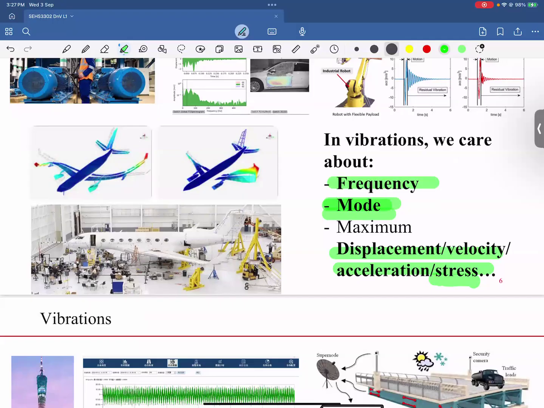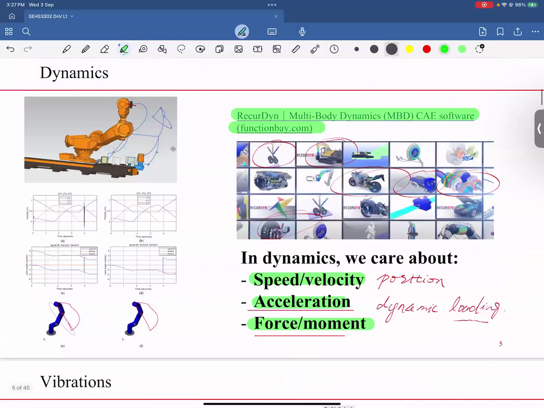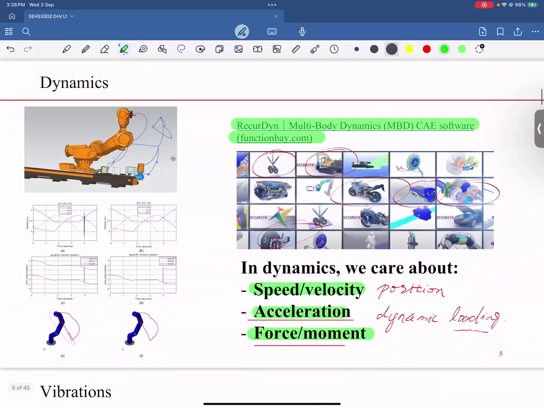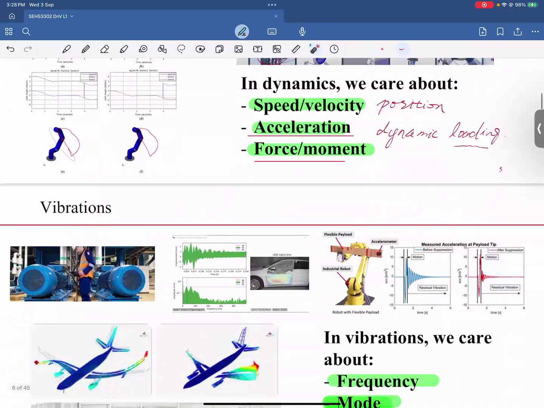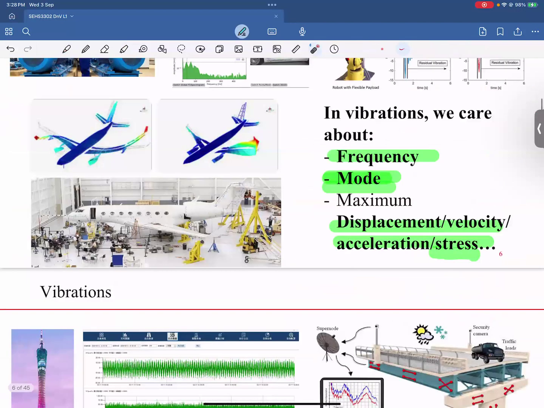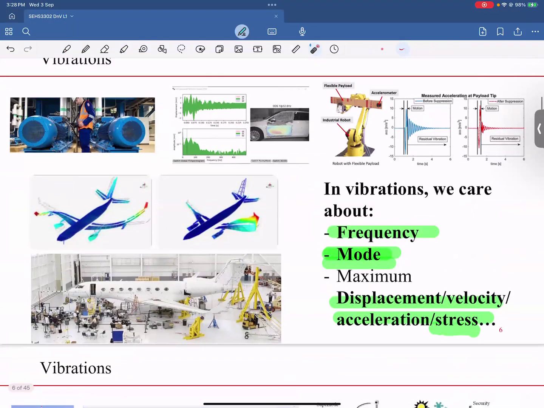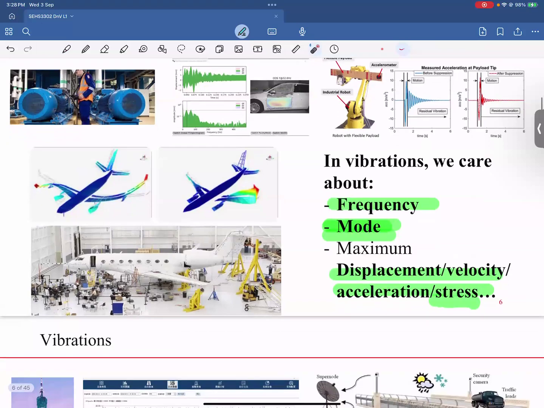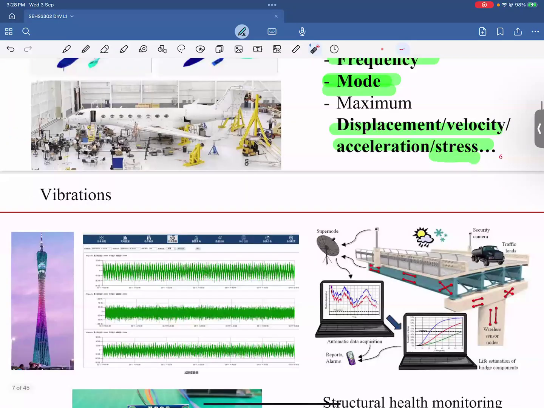And those things, together with the dynamics, are the main specs you need to consider for a mechanical system. This is the utilization of vibrations.